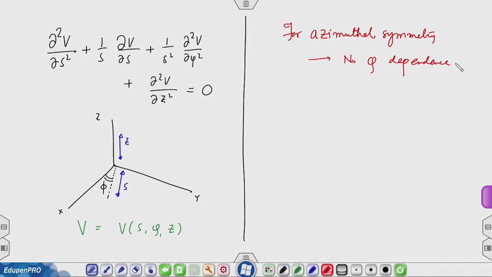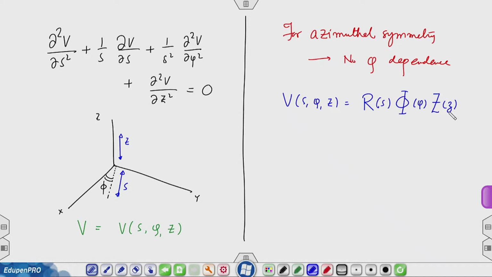Again, taking separation of variables, we write V(s, phi, z) as one function R of s, another function, let's write it capital Phi of phi, and capital Z of z.